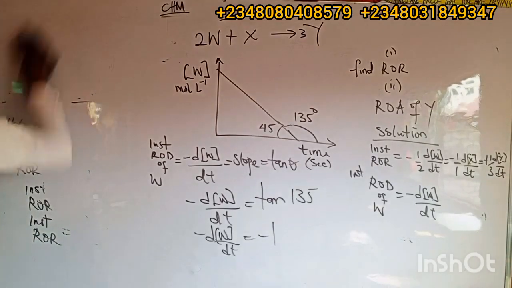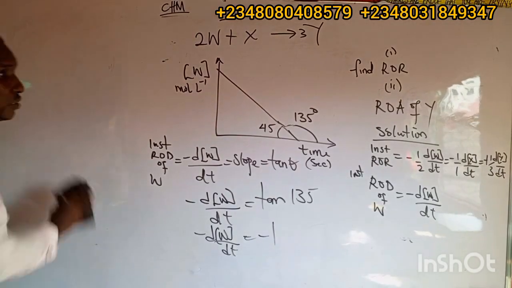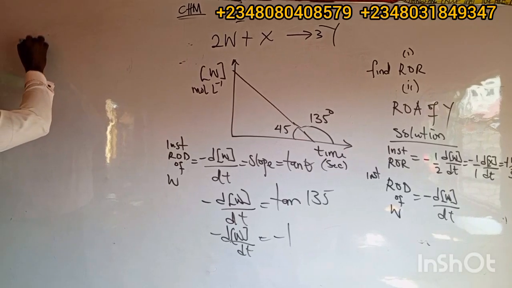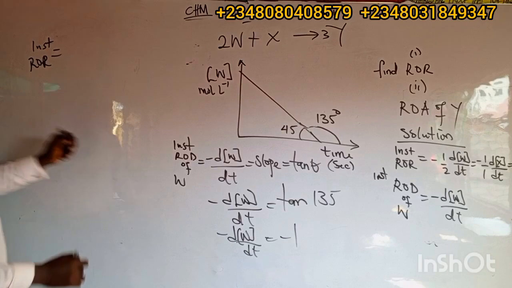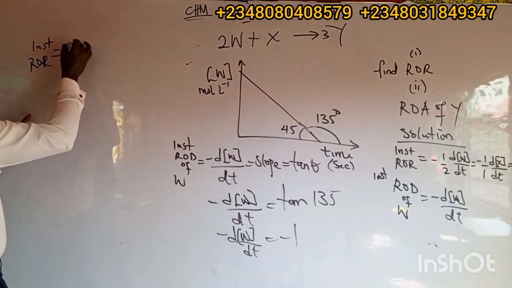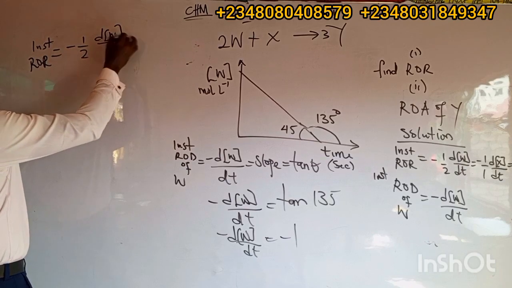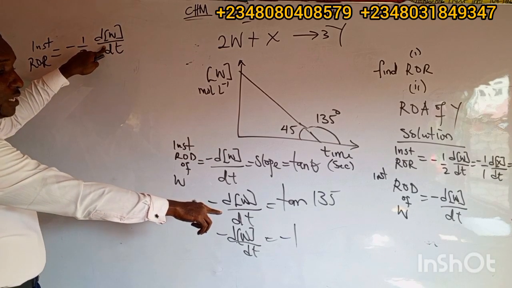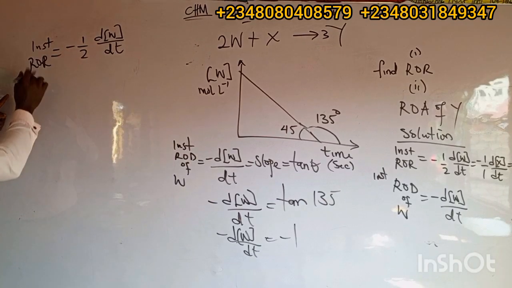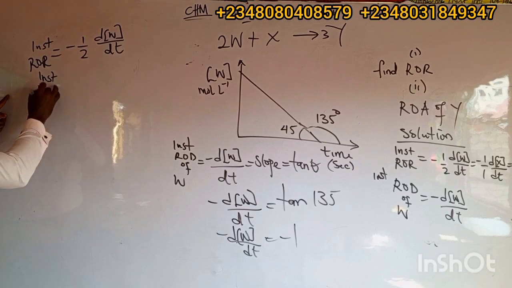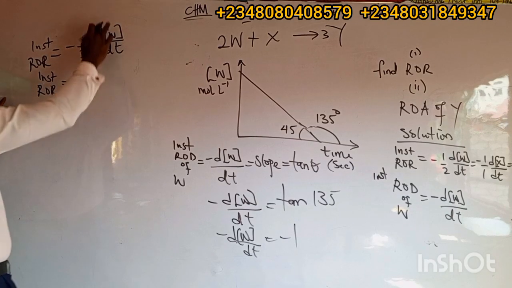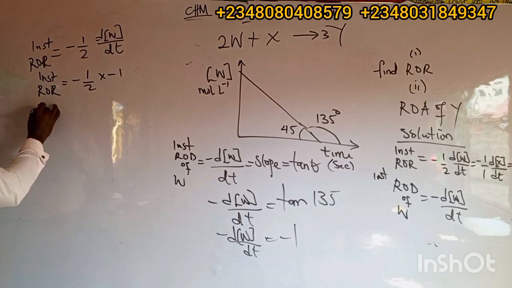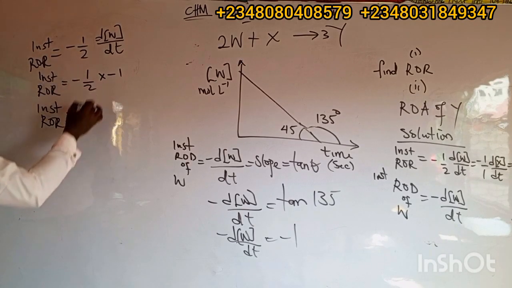Then if you want to calculate the instantaneous rate of reaction, it will be equal to -1/2 times the rate of disappearance of W. The reactant W has been calculated as -1. So the instantaneous rate of reaction is -1/2 times -1, therefore equal to 1/2.